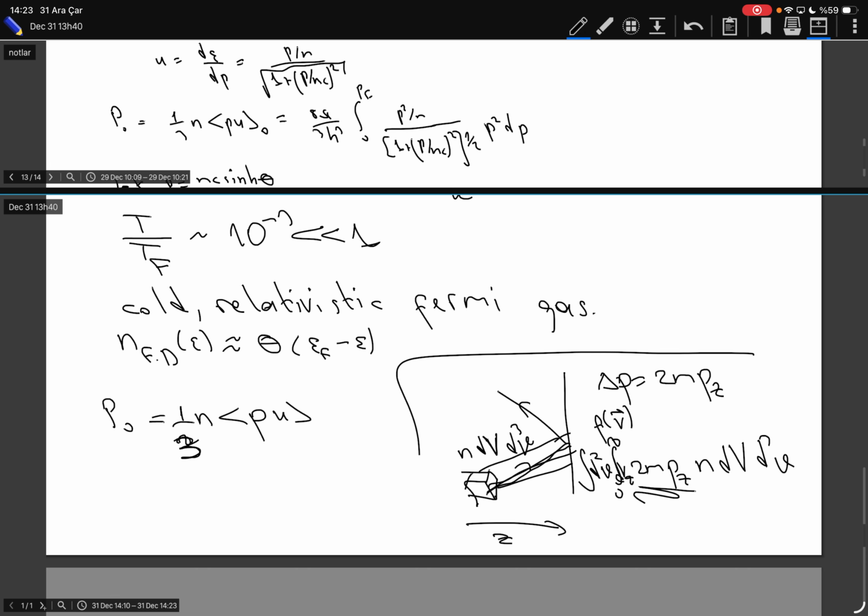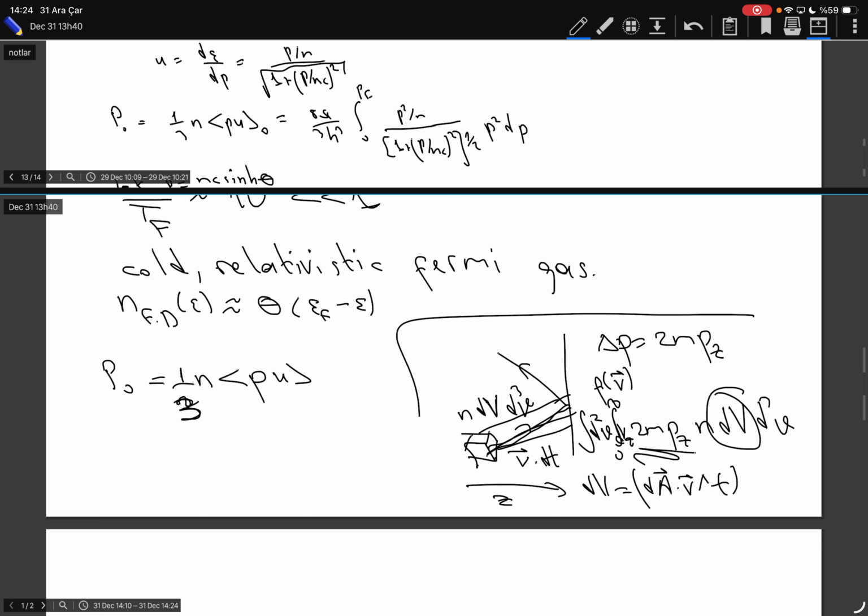And so if you divide by delta t, all the particles within this volume will hit my area dA within a time delta t, and they will give a momentum 2 m v_z.